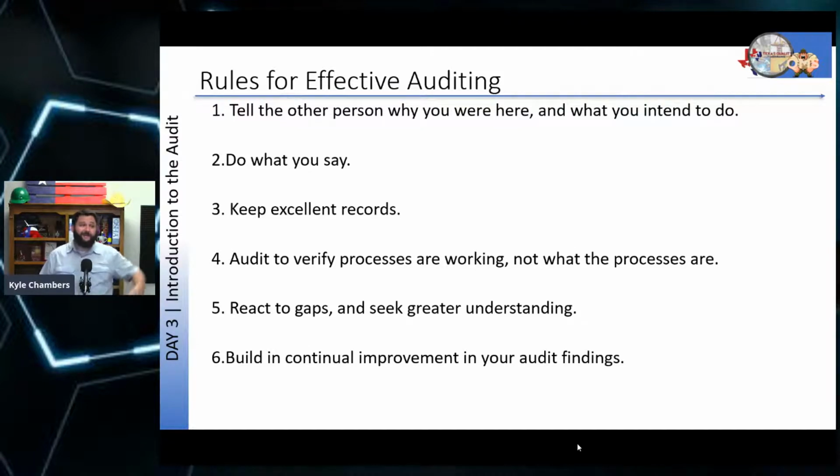Again, even if the client is Joe in the next office over because you're auditing your own company, he at this moment in time is in that role of your client. You want to make sure that you can serve him with an audit report that doesn't just hammer on the problems, but provides a foundation for continued improvement, because that's really what all of this has to be about.